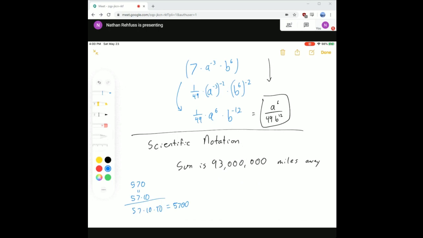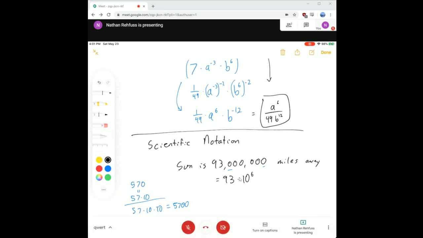So if there are 6 zeros here, then instead of writing 93 million, I could write 93 times 10 to the 6th power. I multiply by 10 6 times to get from 93 to 93 million. The way I got that 6, I just counted all of these digits. So that's basically the trick of scientific notation: you can write things as multiplied by powers of 10 so that you don't have to write such big numbers.